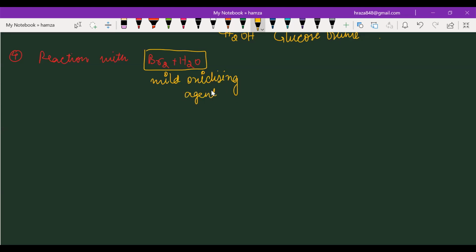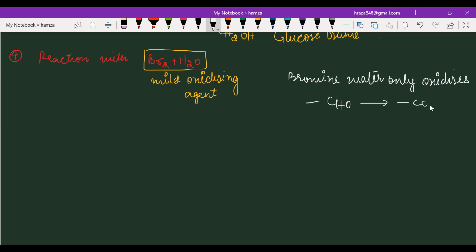Just focus on the reaction first. Basically, bromine water only oxidizes aldehyde to carboxylic acid. Aldehyde to carboxylic acid. It doesn't oxidize alcohol because it is a mild oxidizing agent.